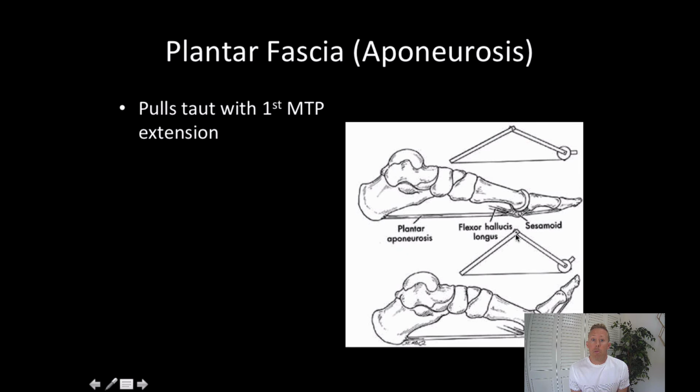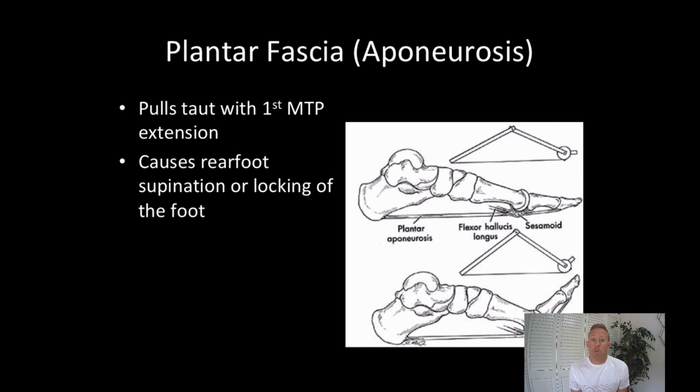But when our big toe gets lifted here in dorsiflexion, you can even see this. If you're just sitting here now and you lift your big toe, you can see that your arch will lift a little bit. And that lifting of the arch is associated with supination of the foot, which locks the foot.